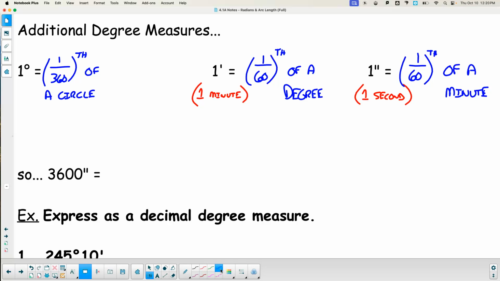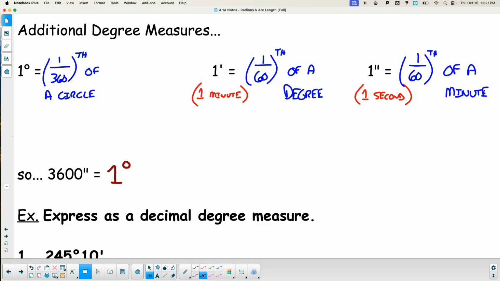But remember, we're talking angles, we're not talking time. Okay? So, in 1 degree, there are 3,600 seconds. In 1 degree, there's 60 minutes. In 1 circle, there's 360 degrees.